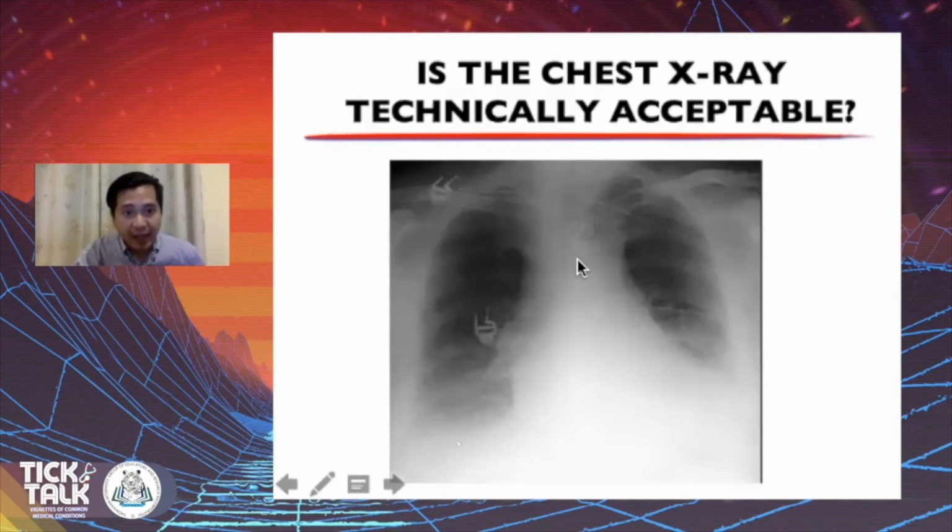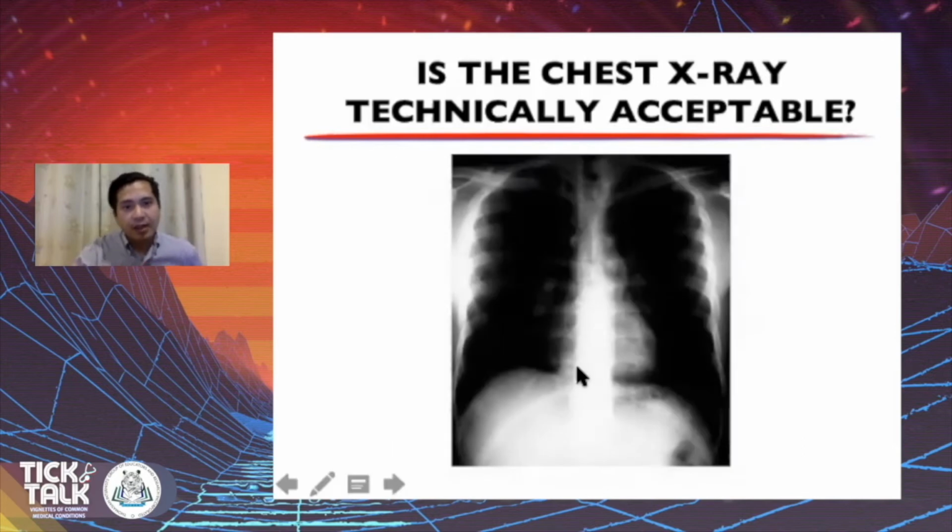Okay, but then again, this may be just because of the underpenetration of the film. This one, on the other hand, might be overpenetrated. Okay, it's too dark. In a film like this, we will be missing significant infiltrates in the lungs.